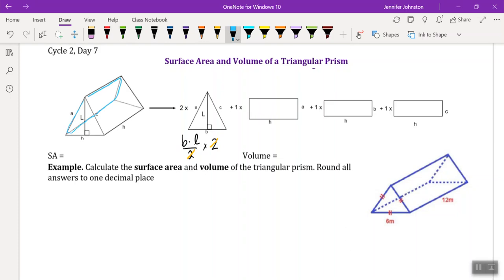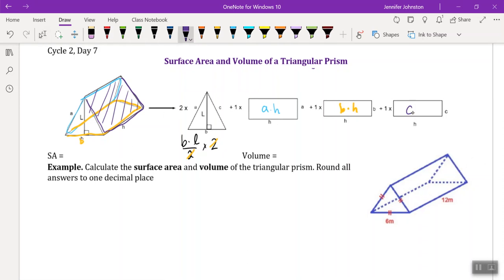This one right here is A times H, length times width, if we were to find the area here. And this one on the bottom right here, this should be a B. B times H, so that would be base times height. And then we have this last one on this side, which is our C times H, which is length times width. So that's where the formula is coming from.